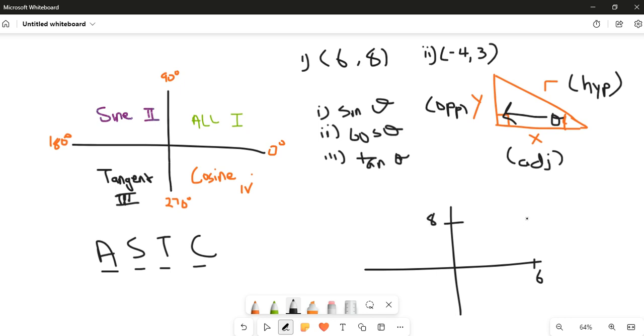So our point is here. Once you get your point on the Cartesian plane, draw a diagonal to the origin. There's our point here, 6, 8. Once you draw the diagonal to the origin, make a right-angled triangle. So theta is here.